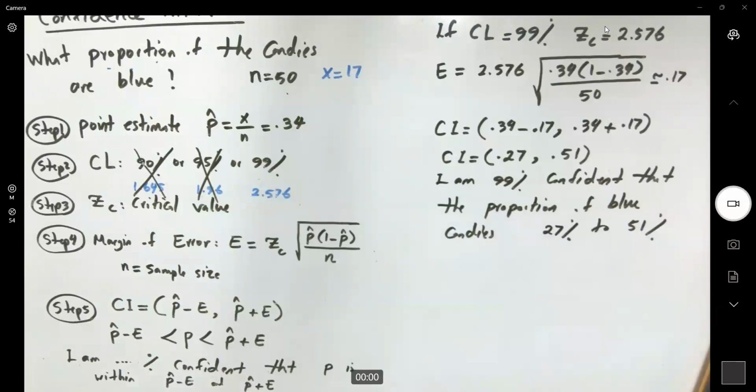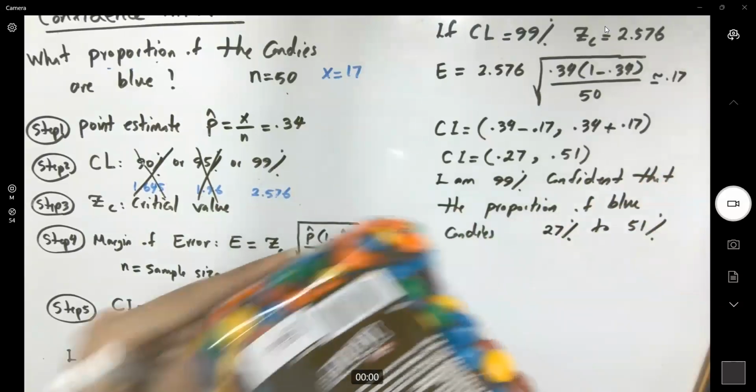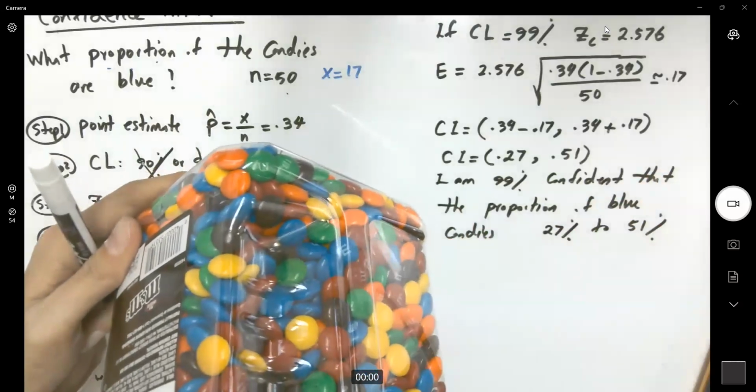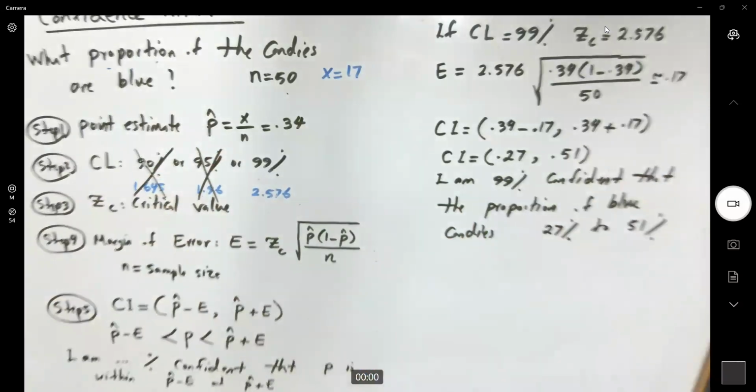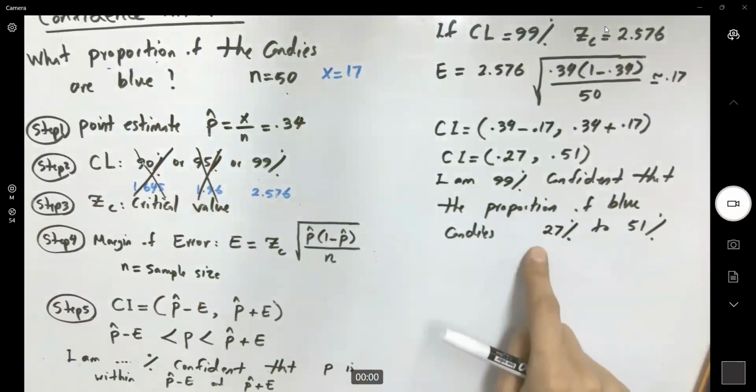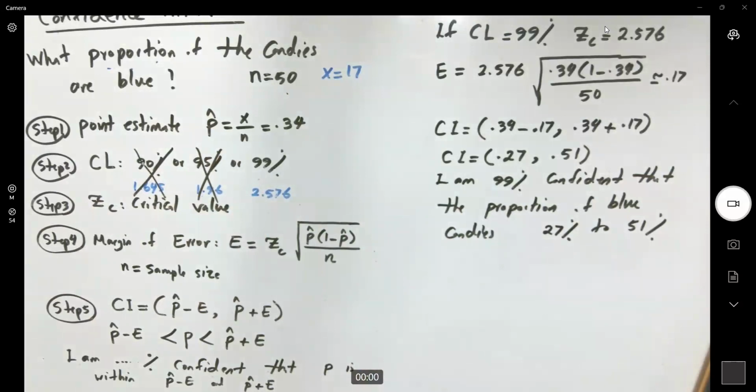In this big jar, I am 99% confident that if I start counting these candies, between 17% to 51% are blue. Almost a third to a half. Half of the jar might be blue candies.